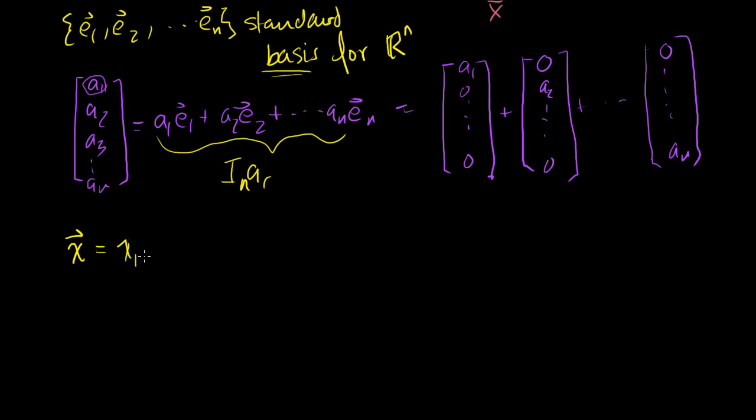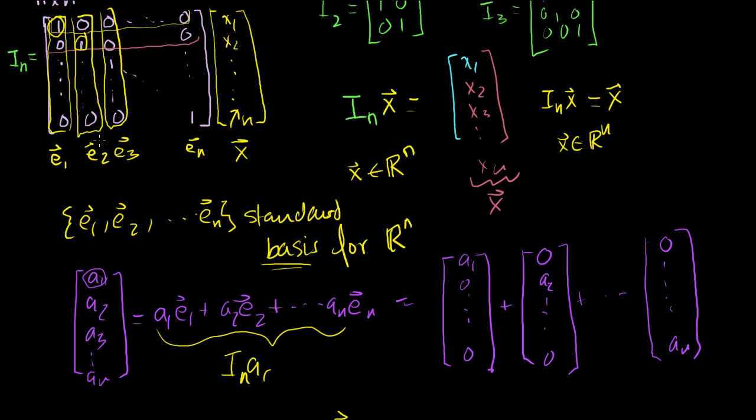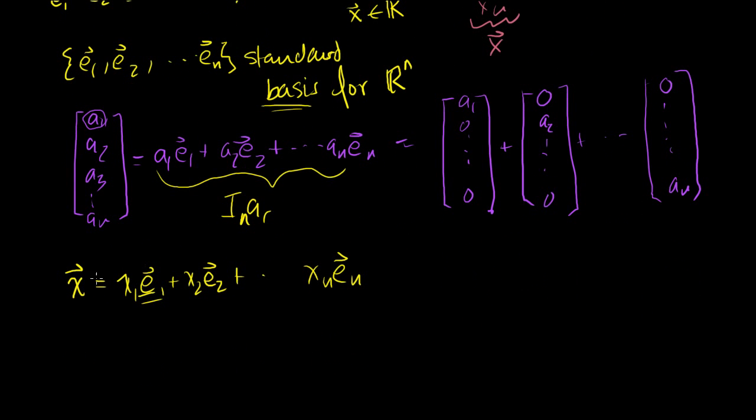So I can write that as x1 times e1 plus x2 times e2, all the way to xn times en. And remember, each of these column vectors, like e1, is just 1 in the first entry, and then all the rest are zeros. e2 is a 1 in the second entry, and everything else is 0. e5 is a 1 in the fifth entry, and everything else is 0. And this I just showed you.